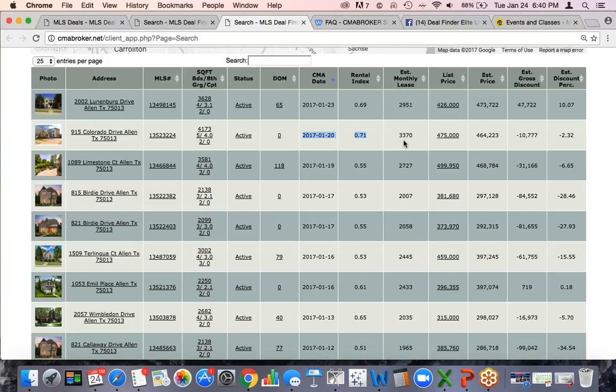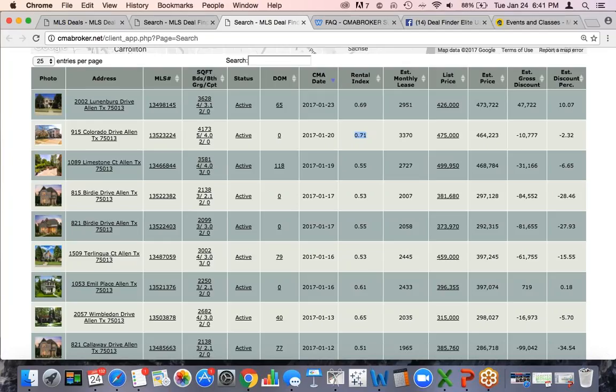So that's one example of how you can use the search function to see what range of rental index you're looking at. And then, if I were you, I would analyze the best deals, but again, it depends on how much money you want to put down. 0.71 is in general not a very good property to purchase unless you're going to buy all cash and just wait for appreciation.